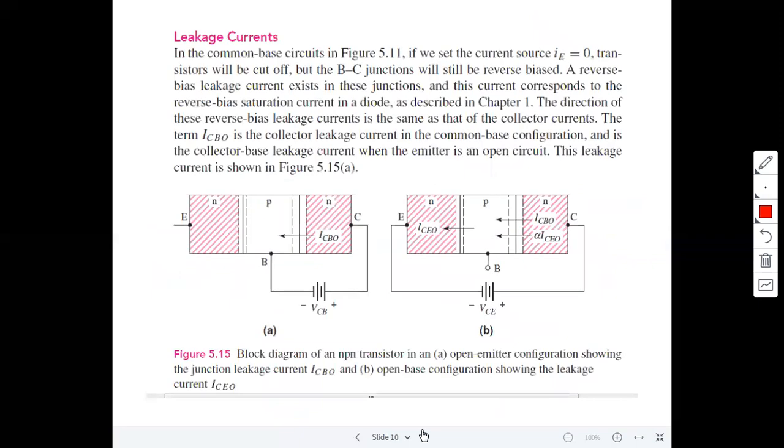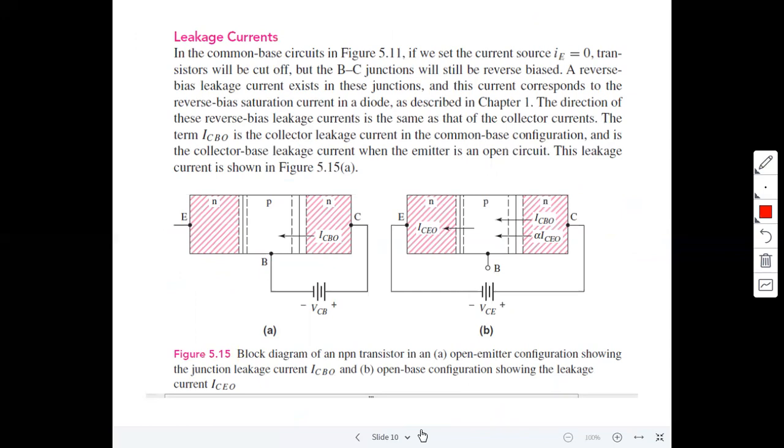Now coming to another important concept in BJT, leakage current. So far we have not considered the leakage currents. We already studied leakage current, or reverse saturation current, in the PN junction diode. When a PN junction diode is in reverse bias, this reverse voltage acts as a forward bias to the minority charge carriers.